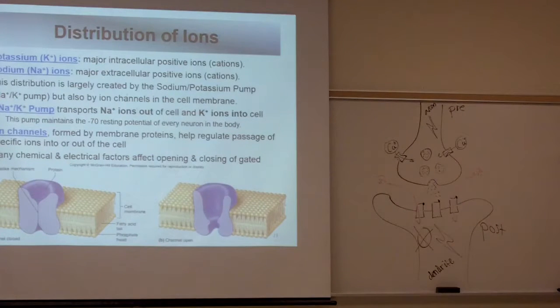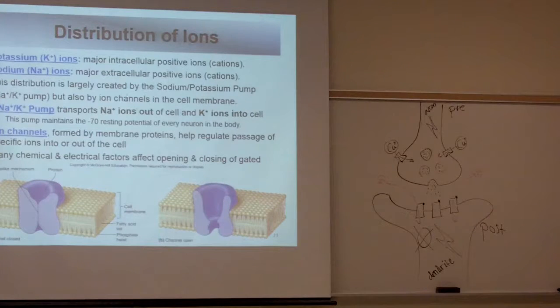Okay, so this is just the cell membrane of a neuron. This is the outside, this is the inside here. More sodium, remember, sodium is positively charged, is hanging out here than in here. Does anybody know why?